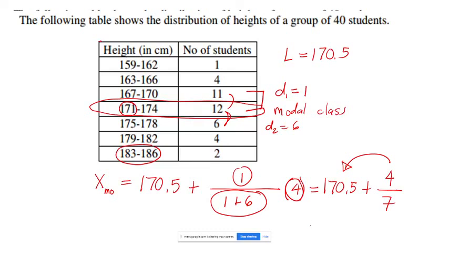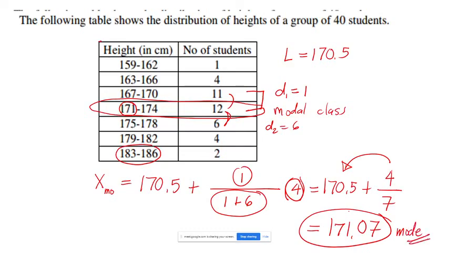How much is that? Two decimal places only. 171.07. This is the mode now. That's the mode of your group data.